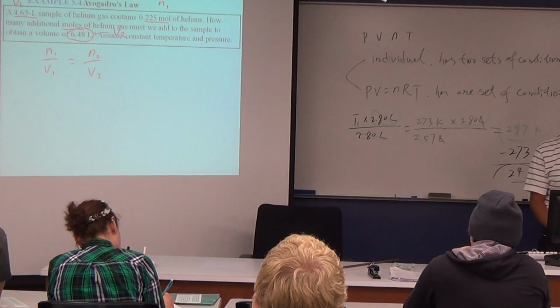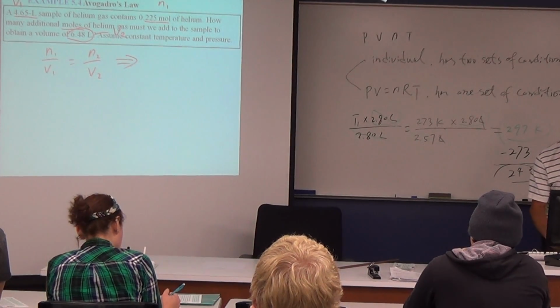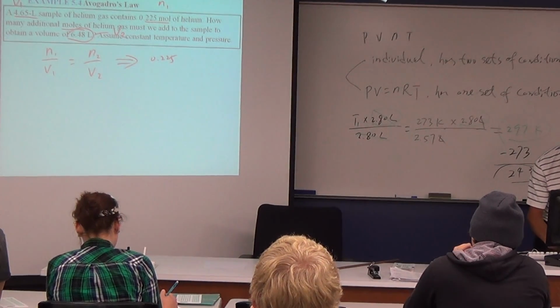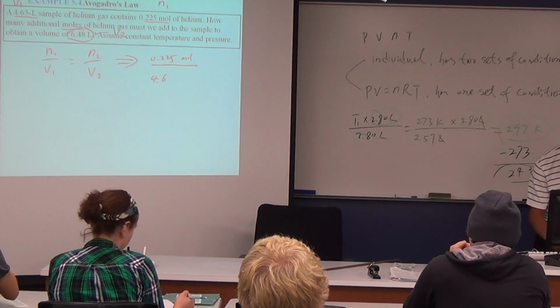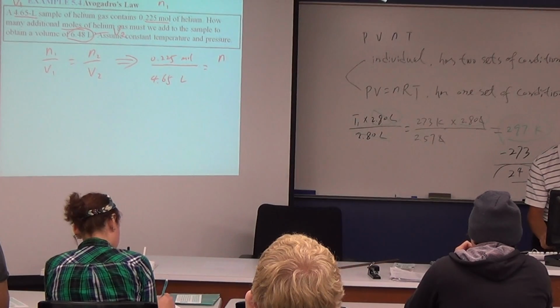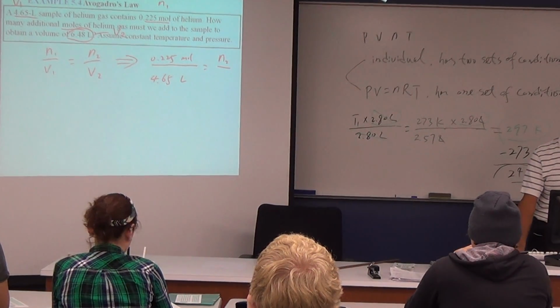And then the next step, just substitute, put all those numbers in. You have n1, 0.225 mole, and V1, 4.65 L, and then you have the n2 you don't know, no other information.